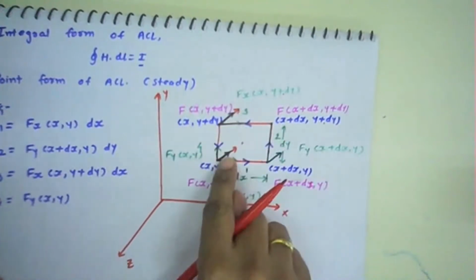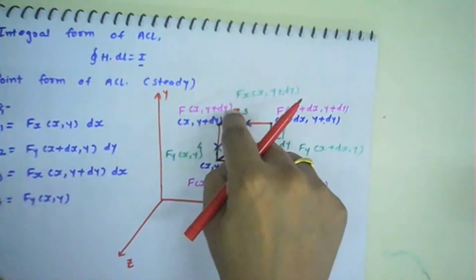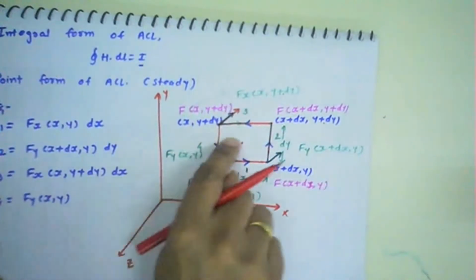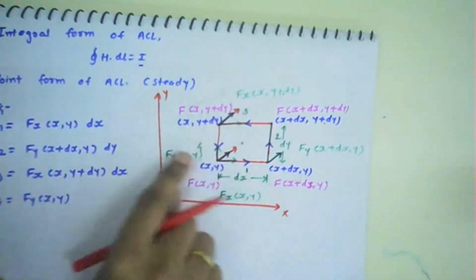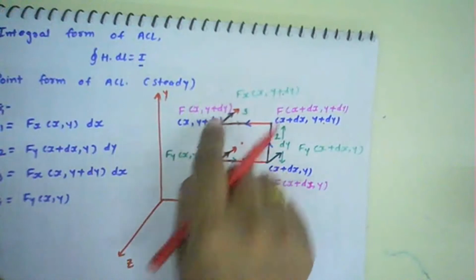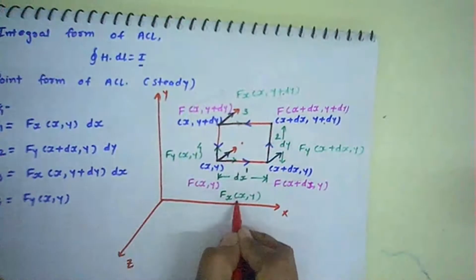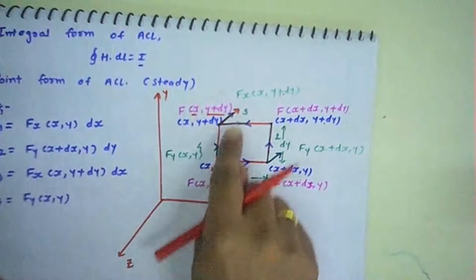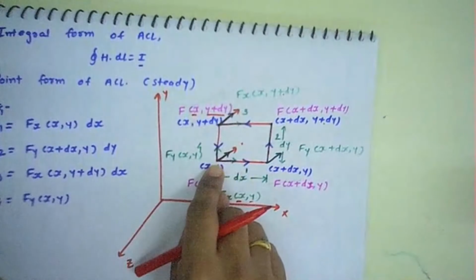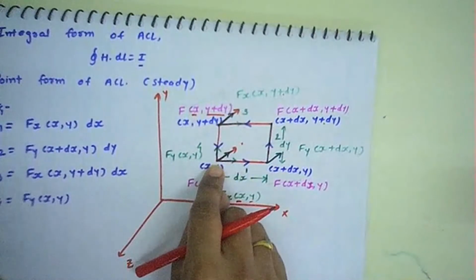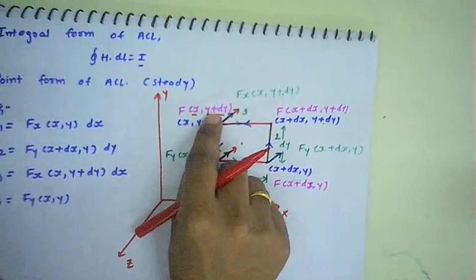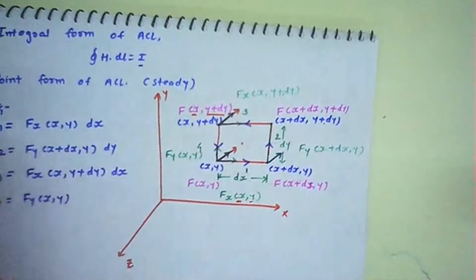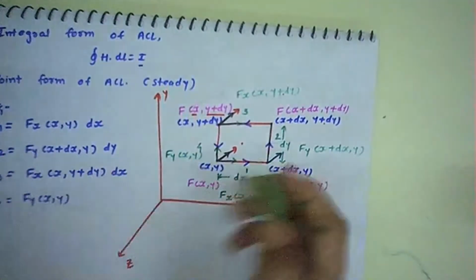I1 and I3 both are feeling a change in the y component. The distance between them is dy. The x component is the same, only y is varying. So in between these we have the rate of change of Fx with reference to y.